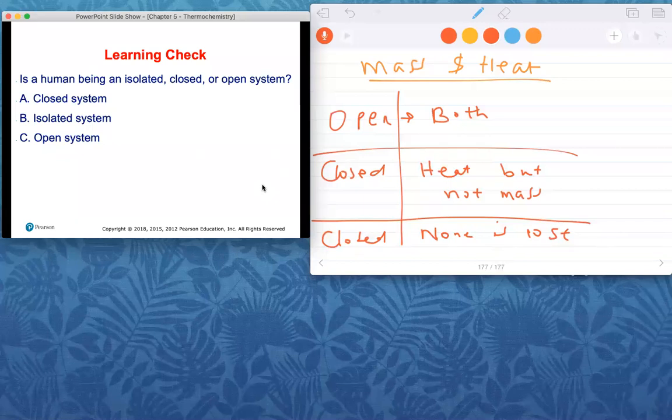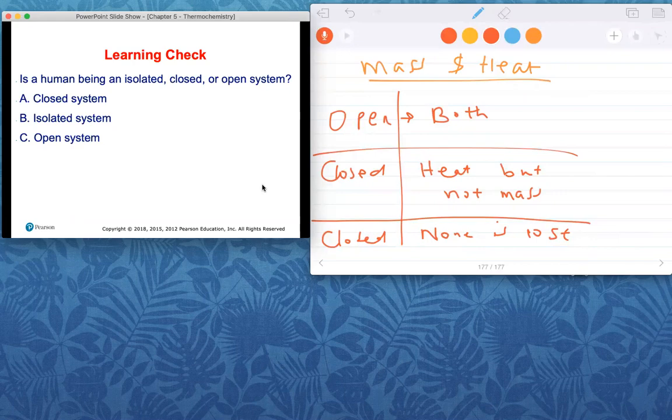Somebody says isolated. How do you know that it's isolated? It's closed, it's open. Yes, you're right, David. Is it open? Human being, it is.